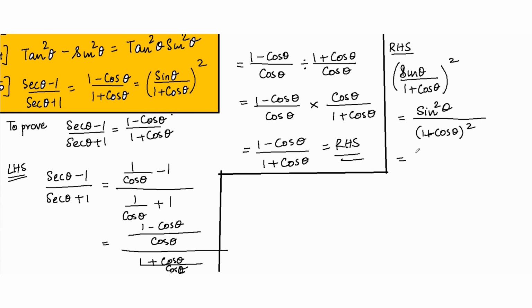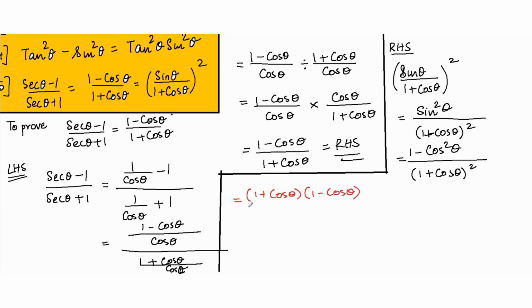So sine square theta can be written as 1 minus cos square theta divided by 1 plus cos theta the whole square. 1 minus cos square theta can now be written as 1 plus cos theta multiplied by 1 minus cos theta.